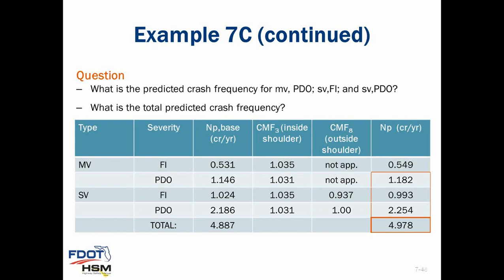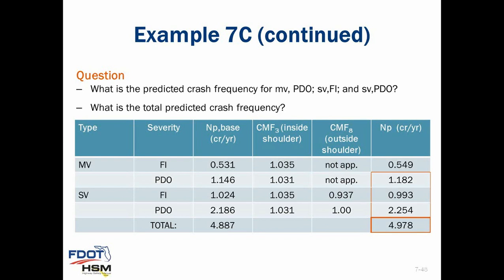The answer to the first question is obtained by the application of the predictive model for each combination of crash type and severity. The calculation mechanics are the same as we used when we computed the multi-vehicle fatal and injury crash calculation. So in the interest of time, I'm not going to show the equations here.